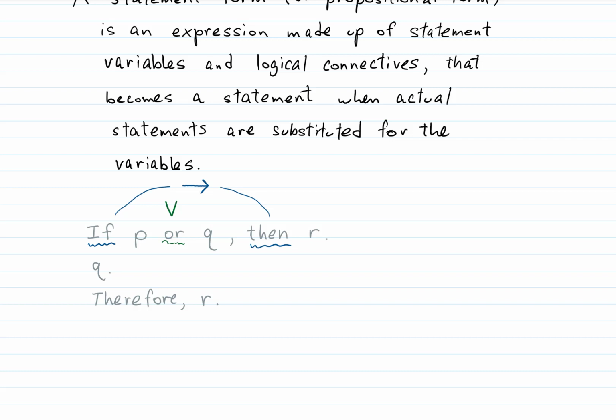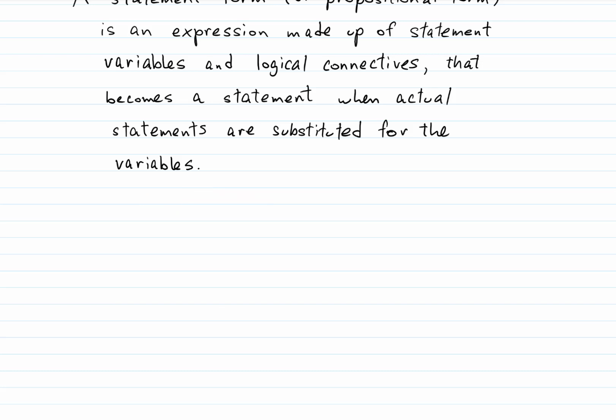Okay, and even the word therefore has a symbol, which is 3 dots. So I could write that like this. I'll show you, and you'll see it. It takes very little space. I could write the whole thing like this.